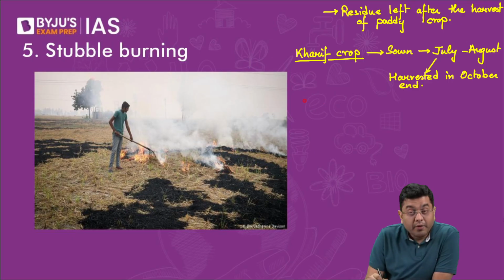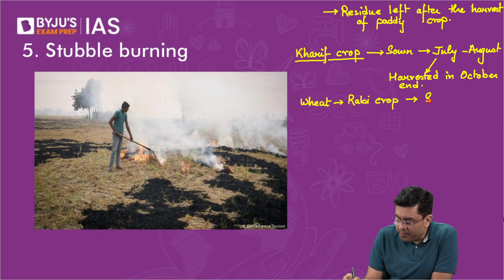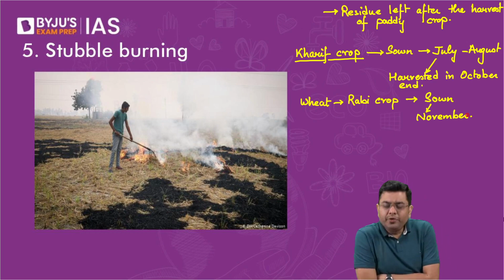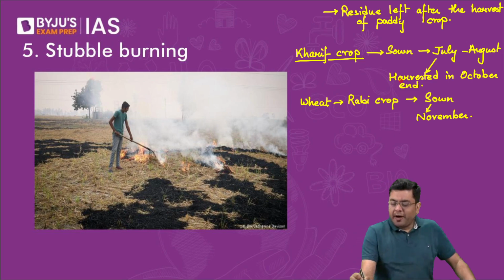Now, wheat is sown in these areas. Now, wheat, which is a rabi crop, is sown in November.